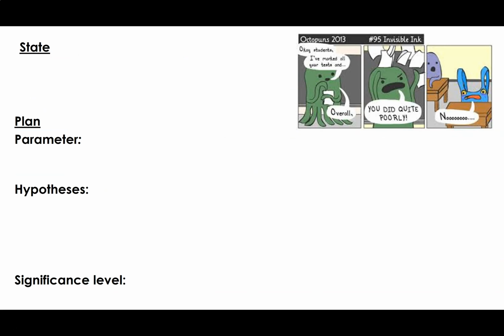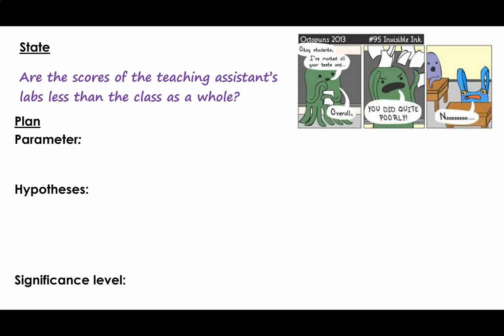So stating, what is our question here? How about this? Is the average score of all of the TA's students less than the class as a whole?